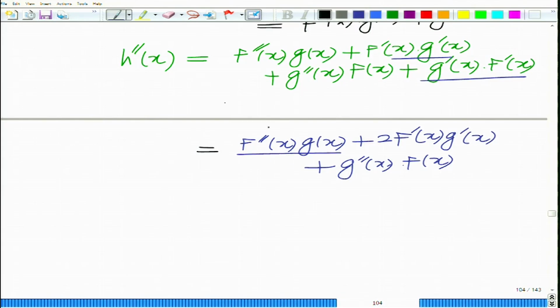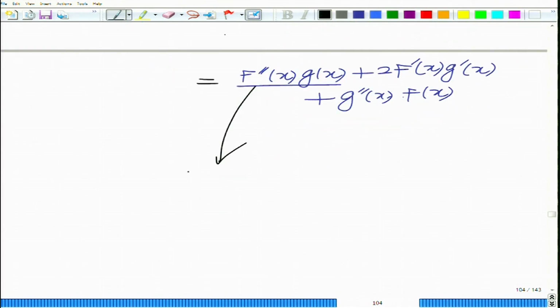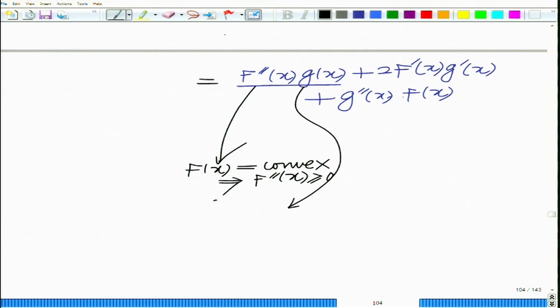If you look at this quantity here, you can see f of x is convex. So, this implies f double prime of x is greater than or equal to 0. Now, g of x is given to be greater than 0. So, this implies f double prime of x into g of x is greater than or equal to 0.